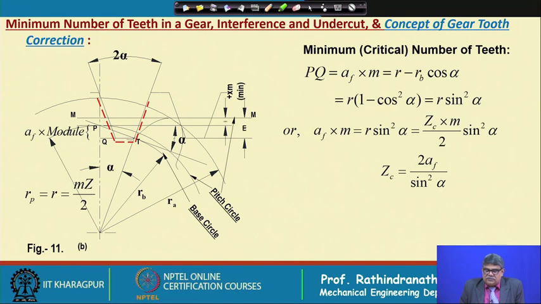Now, if we equate, then addendum factor into module must be equal to R sin square alpha, that is equal to ZC, a critical number of teeth for which contact begins at T with addendum of rack equal to 1 module. Okay. And we finally get the relation: twice Af by sin square alpha is equal to the minimum number of teeth. If we take the teeth number below this, then this point T will become below the base circle.